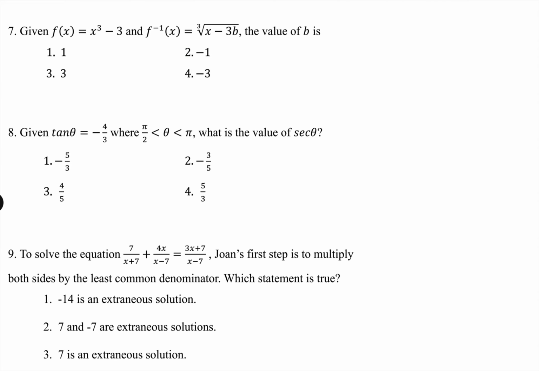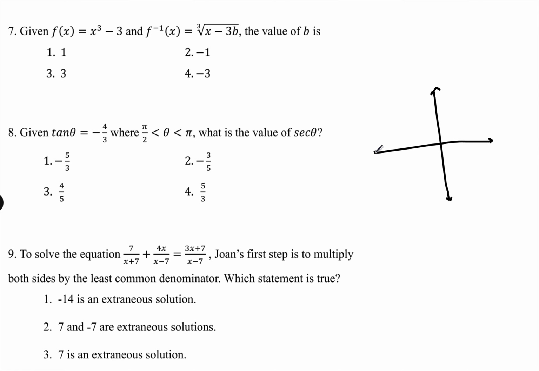Number 8. You're given that the tangent is equal to negative 4 over 3, where the angle is between pi over 2 and pi. What is the value of the secant of the angle? Same thing as whenever we have these problems, I'm making my coordinate grid.